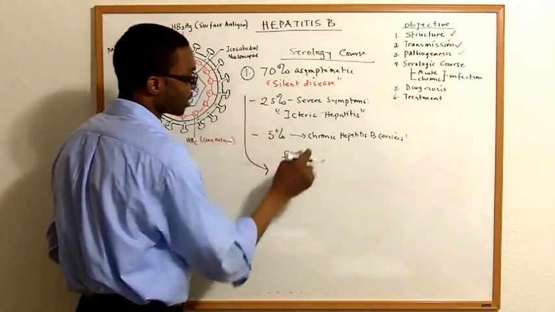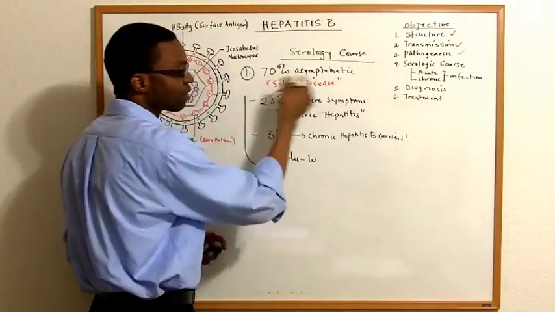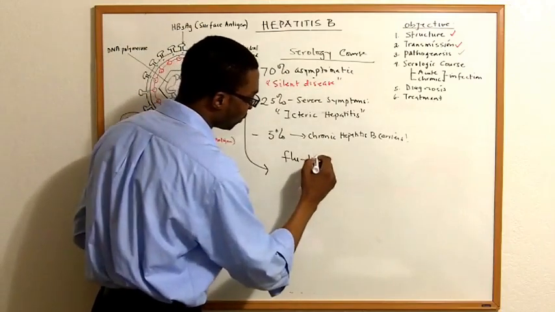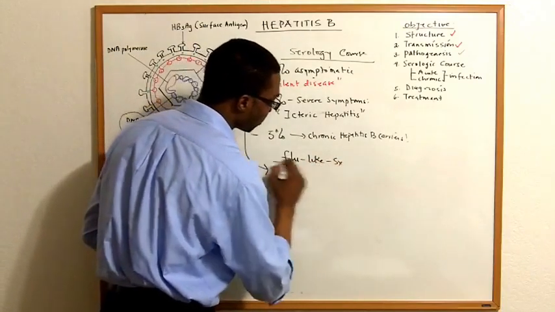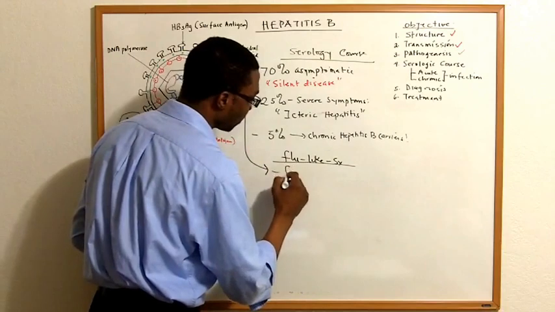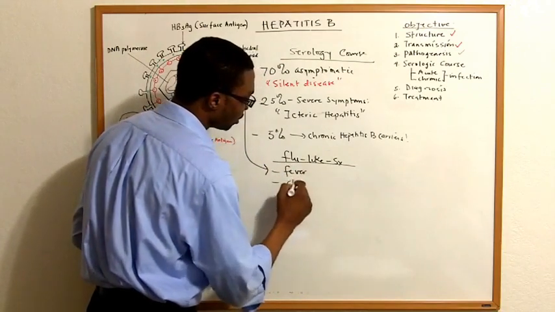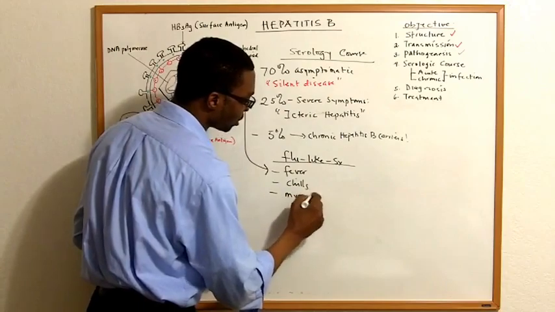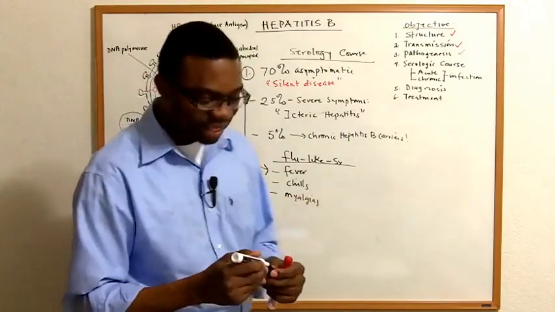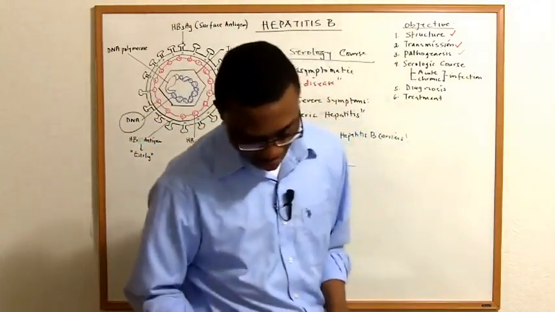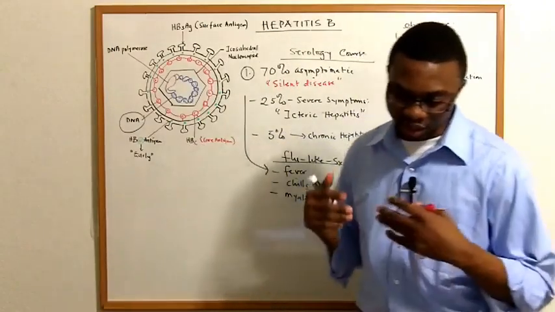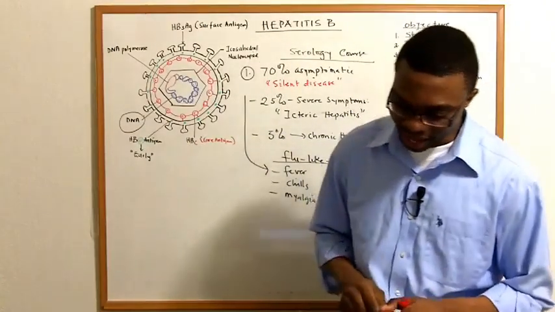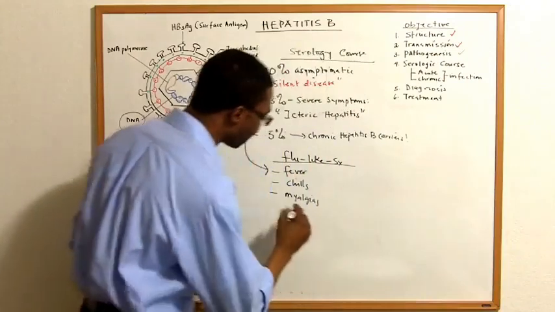For the people that actually have symptoms, they might have mild symptoms. Flu-like symptoms such as what? Fever, chills, myalgias, joint aches. They also have symptoms such as a little bit of nausea. They might have some headaches, loss of appetite.